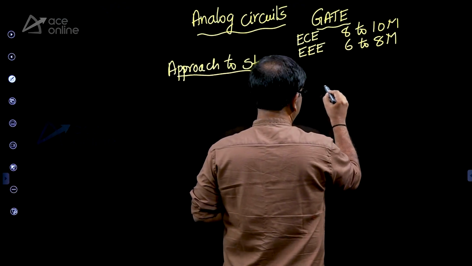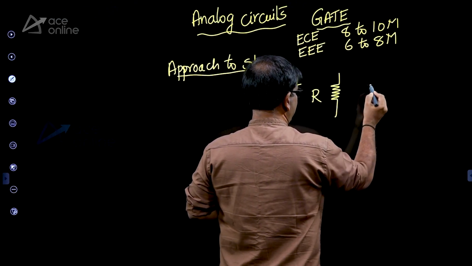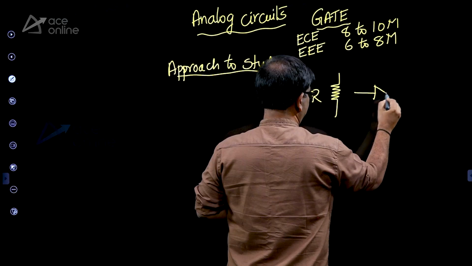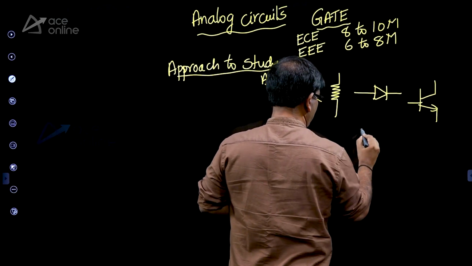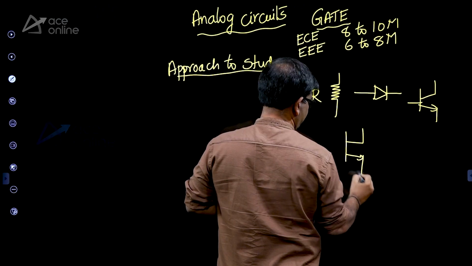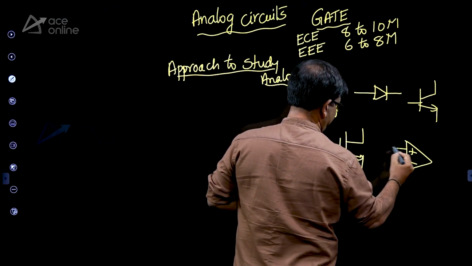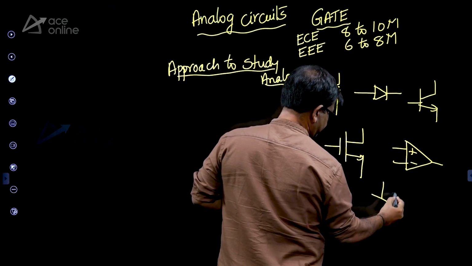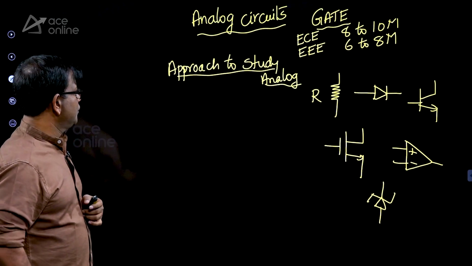So you will deal with devices like resistors, capacitor, inductor, diode, BJT, MOSFET, op amp, Zener diode.